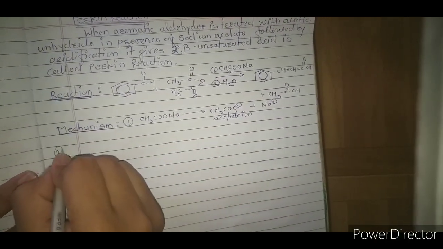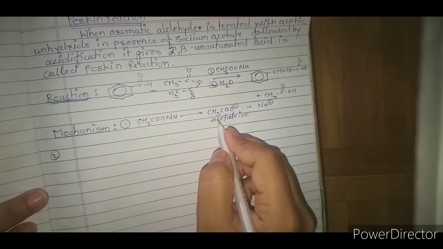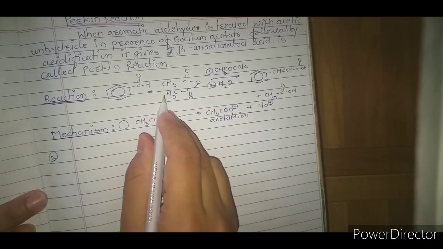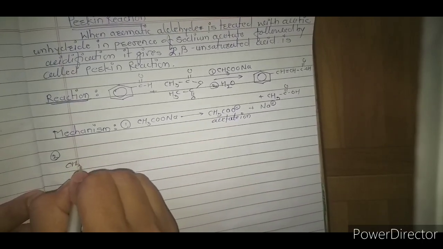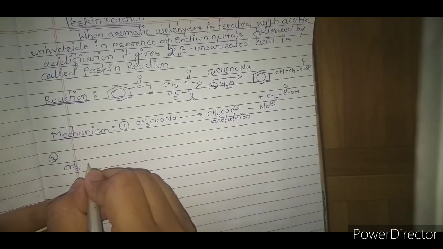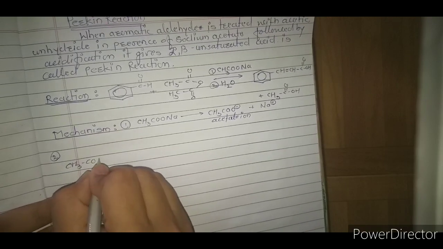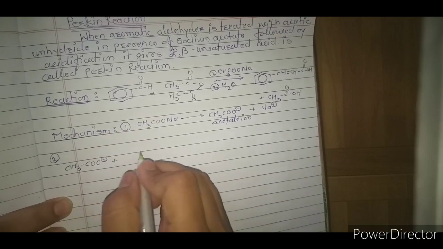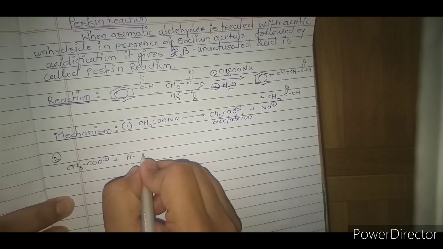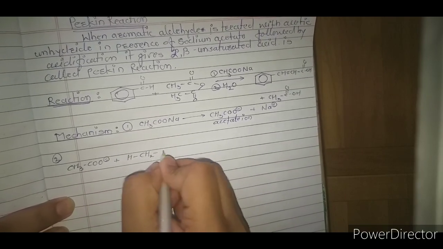In next step, what happened? This acetate ion abstracts proton from acetic anhydride. Take this acetate ion. It is your acetate ion. It abstracts proton from acetic anhydride.